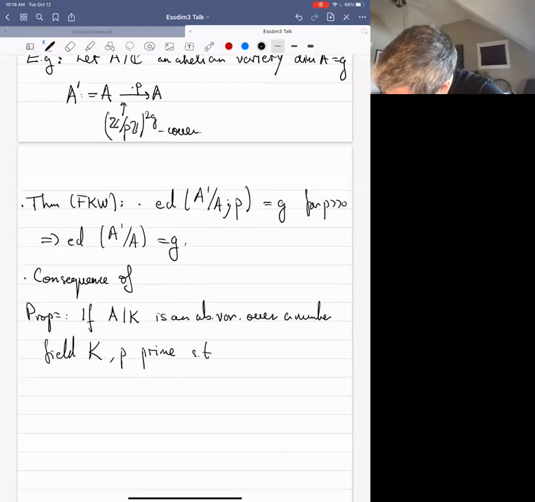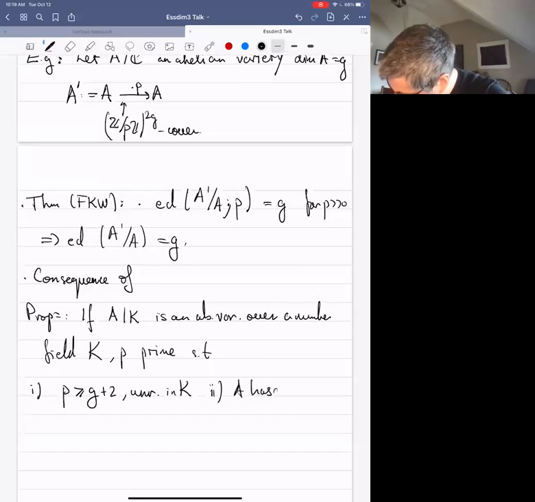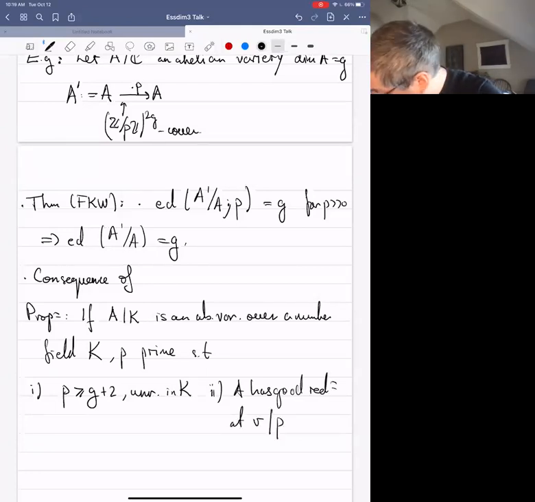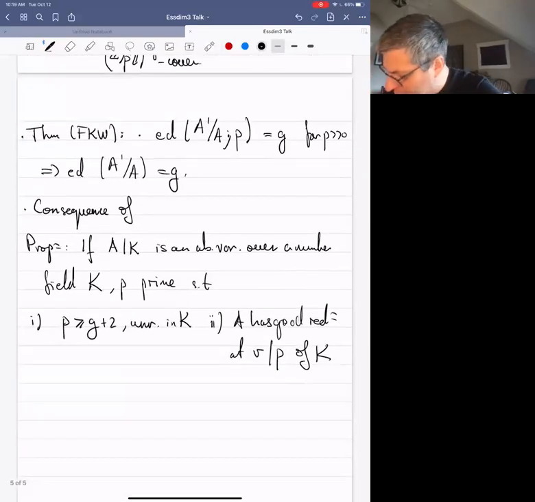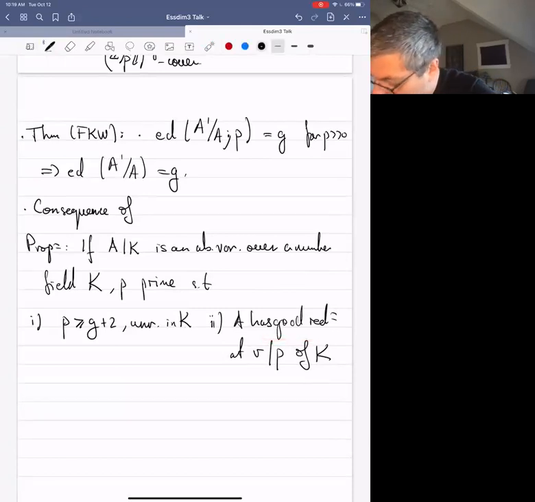So I'm going to assume that, first of all, P is at least G plus 2, and it's unramified in K. So that's a condition on P. And A has good reduction at some prime P dividing P of K. I think this can also be weakened to A having semi-stable reduction, but that's not in the paper the way we wrote it.